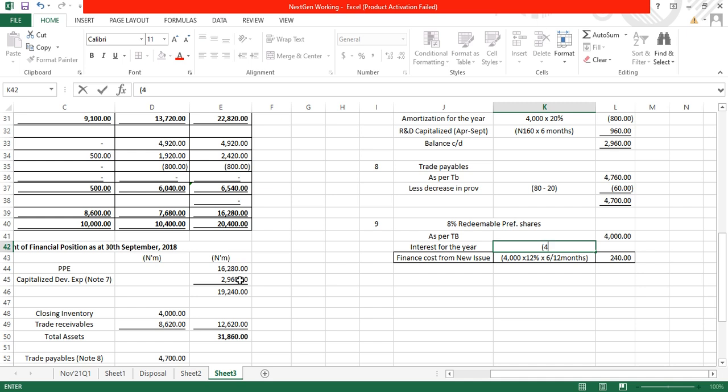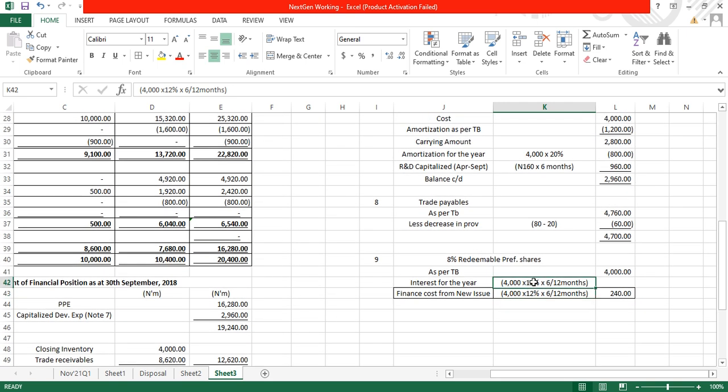All right, so this one will be 4,000, which is the one we had before, times 8%. The initial one we had was at 8%. This interest for the year is in the TB, in case you are looking for it.